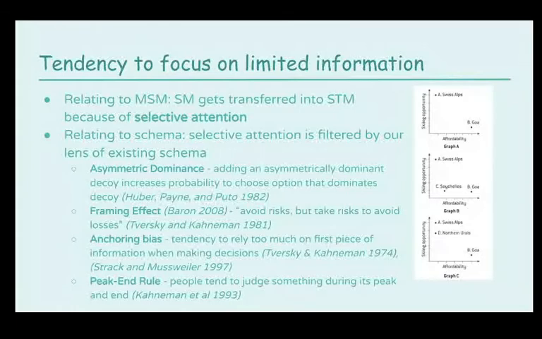So according to the Huber, Payne, and Puto study in 1982, when you put in graph A and give it to the participants who are conducting the study, they would probably choose A or B depending on their circumstances.